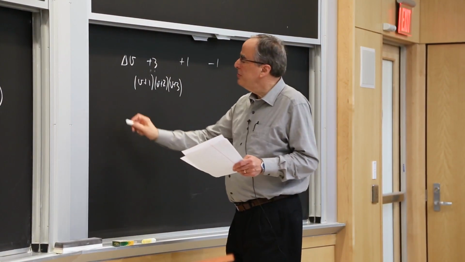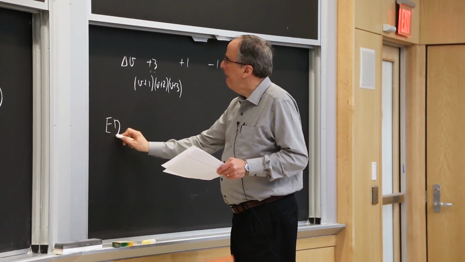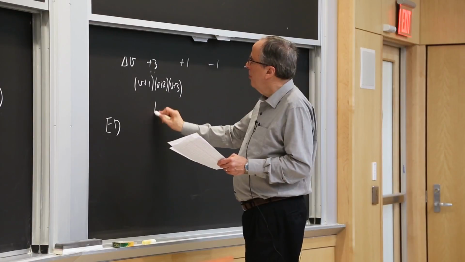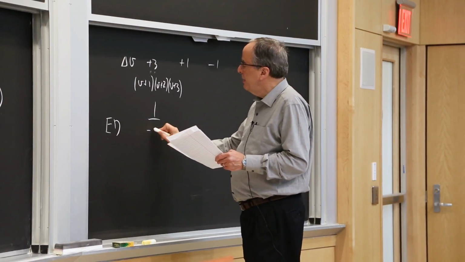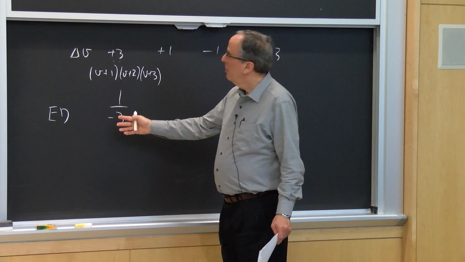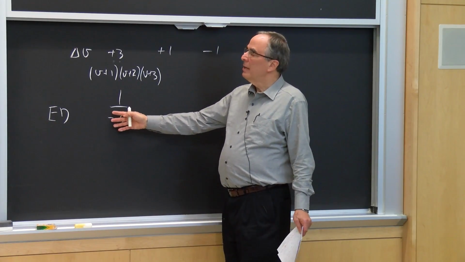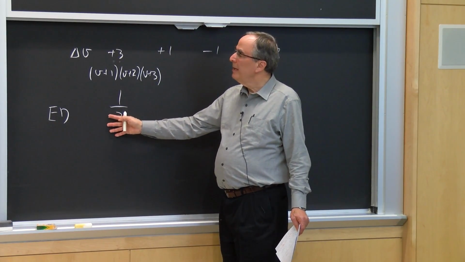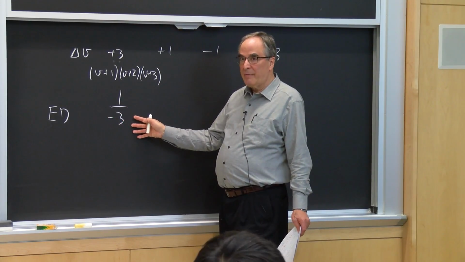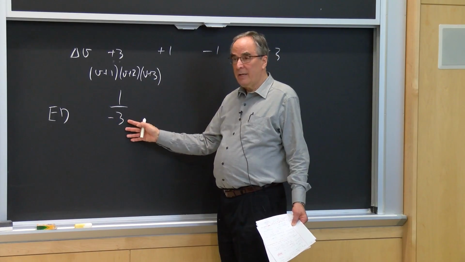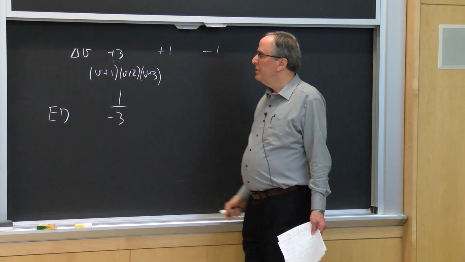And we also have an energy denominator. For this one we're going to get 1 over minus 3, because the initial quantum number is V, and the second quantum number, V prime, is V plus 3.